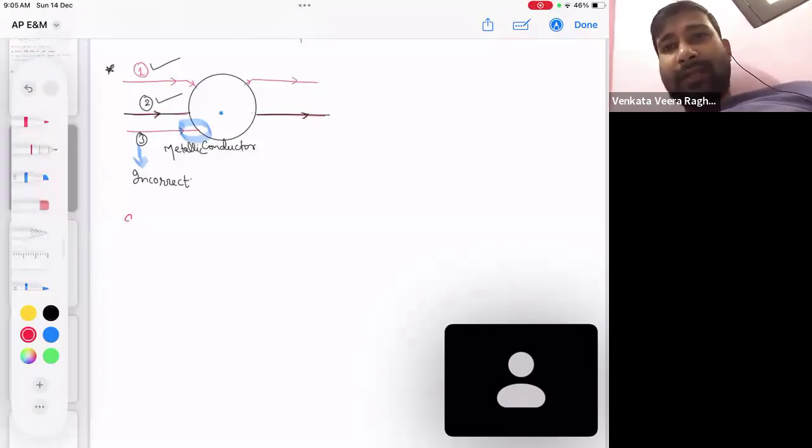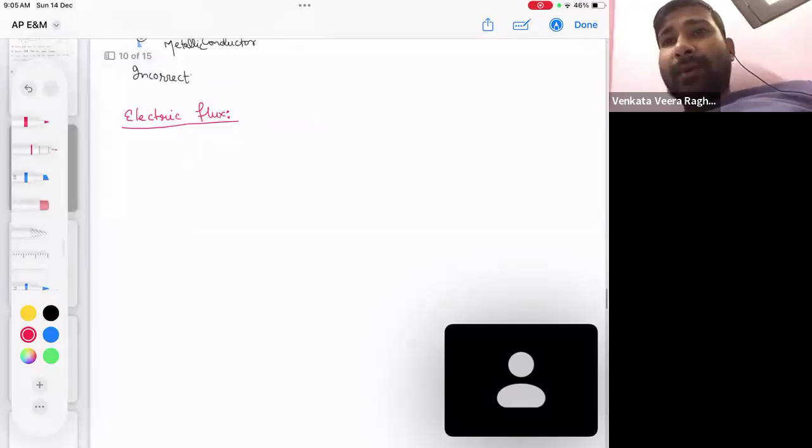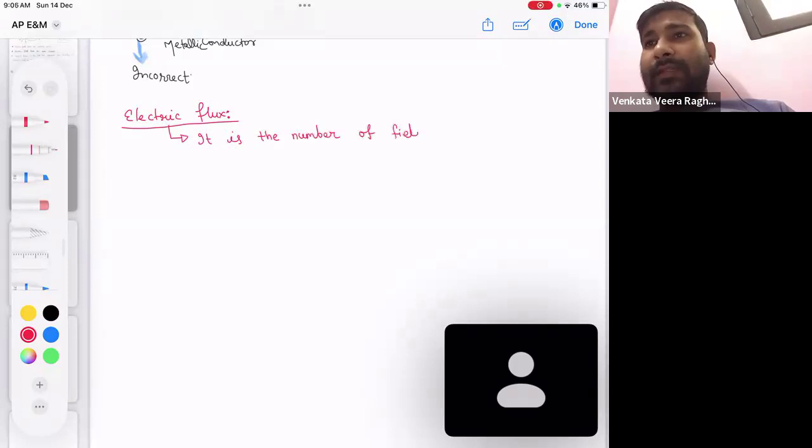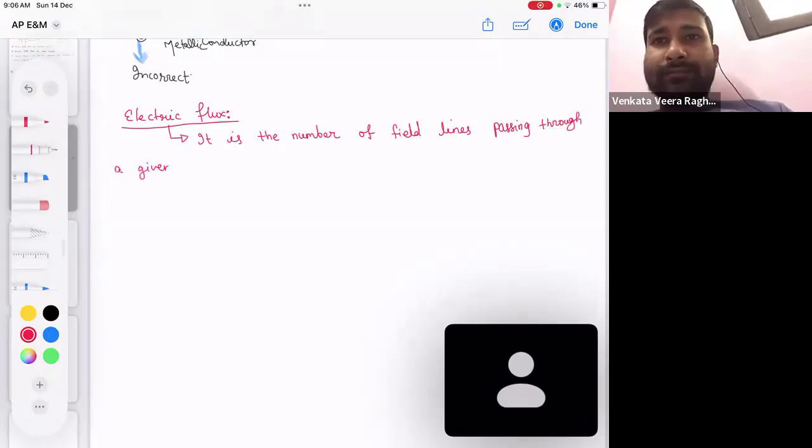Electric flux means the number of field lines passing through a given cross section area.